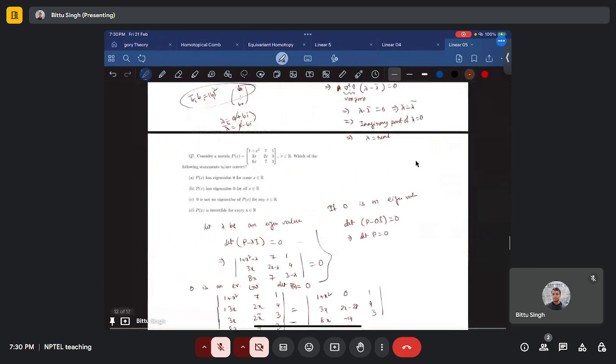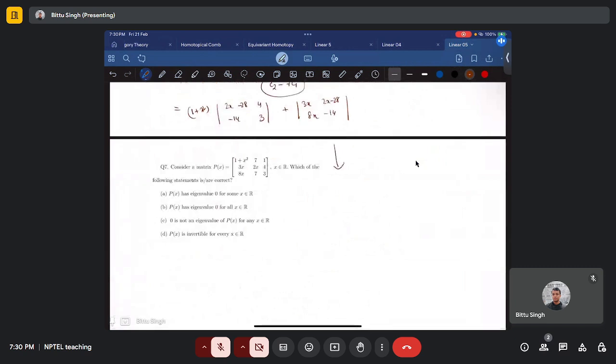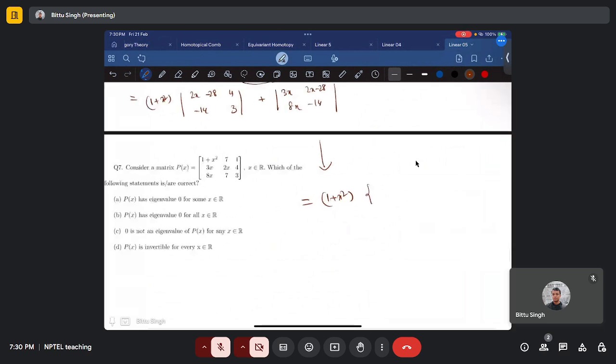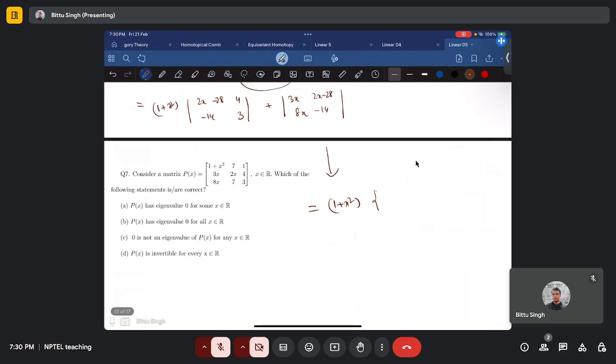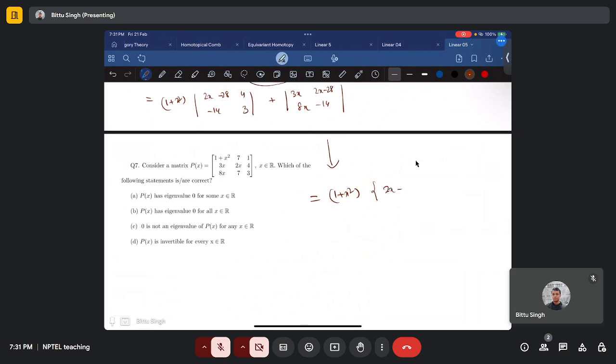Oh, sorry. So same problem. So this is equal to 1 plus x square times, so we can take 2 common, so that it is much easier. Otherwise, let me calculate 2x minus 28.